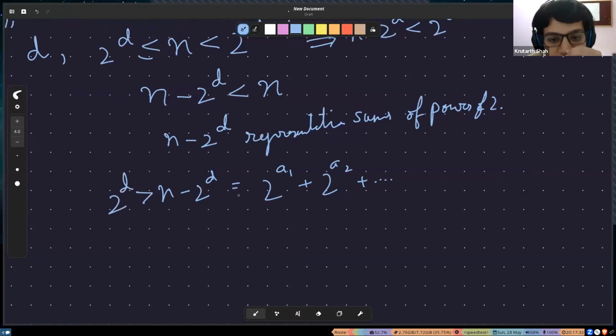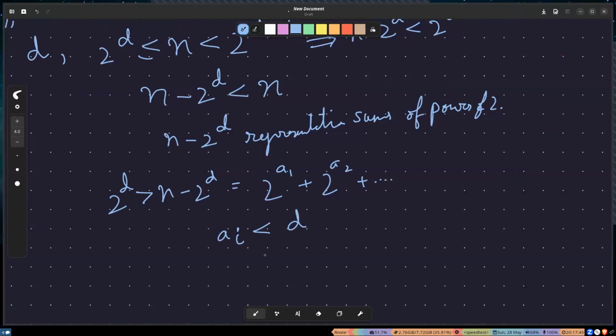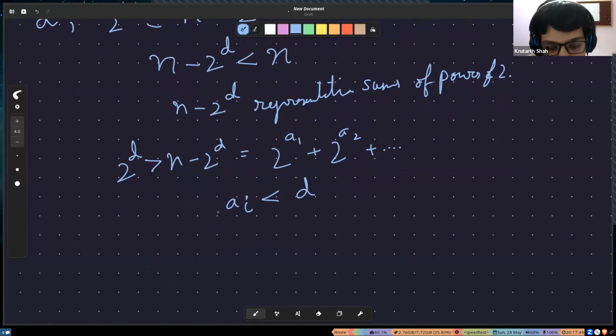So whatever power of 2 I take will be strictly less than d. Is this clear? Why each term should be less than d? Yeah, that is clear.